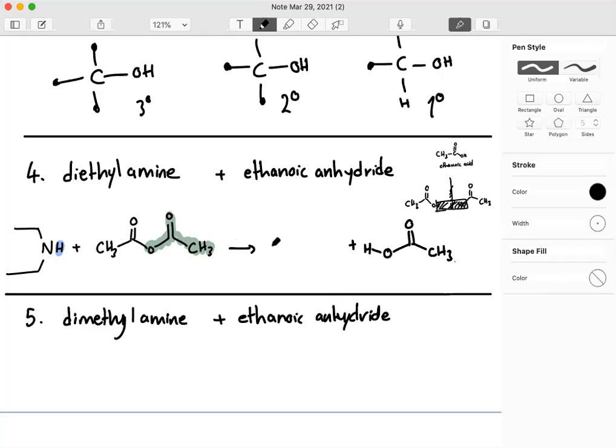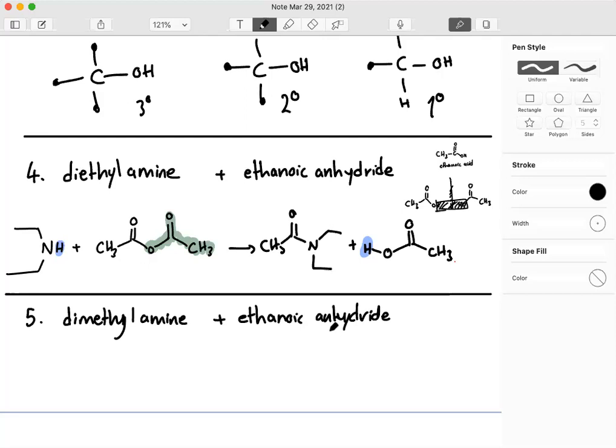So it will be CH3 C double bond O. بعد كده what do I have? N. Nitrogen, excellent. And this nitrogen, I see what it is connected to. It's connected to hydrogen, but this hydrogen already left. Okay. يبقى nitrogen connected لإيه؟ connected ل2 ethyl groups. So I have to put them here. 1, 2, 1, 2.